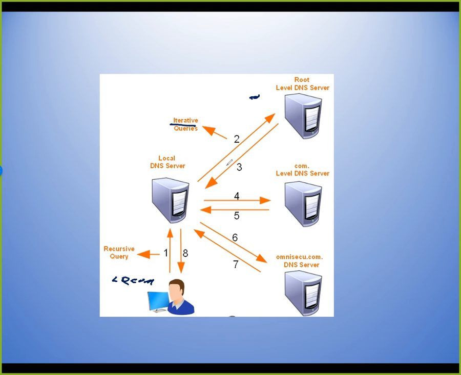It sends back, I don't really know how to get there, but why don't you ask the .com top level domain server? It sends me back the address of the .com server. I go to the .com server. How do I get to www.leaderquest.com? I don't know, but I can tell you how to get to the LeaderQuest DNS server. It gives me an IP address for that.